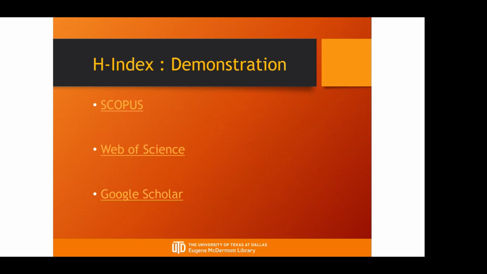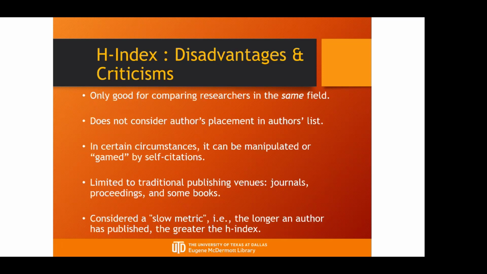Now, let's go on to disadvantages and criticism. All right, so that wraps up the demo, but now as for some shortcomings, the H index is a field-dependent metric that is unable to be compared across different fields.